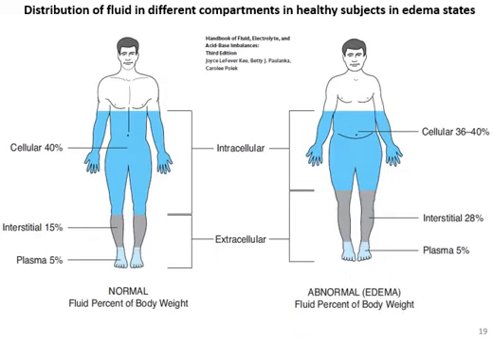Here you can see the distribution of edema fluid in a normal subject, and you are supposed to understand clearly that in an edematous subject the plasma volume is the same, and that's why it's very important to detect the accumulation of fluid in the interstitial compartment, because it is the place where edema fluid actually will accumulate.